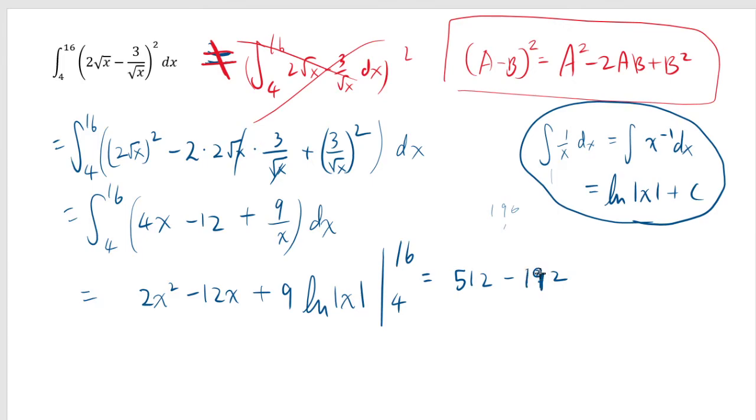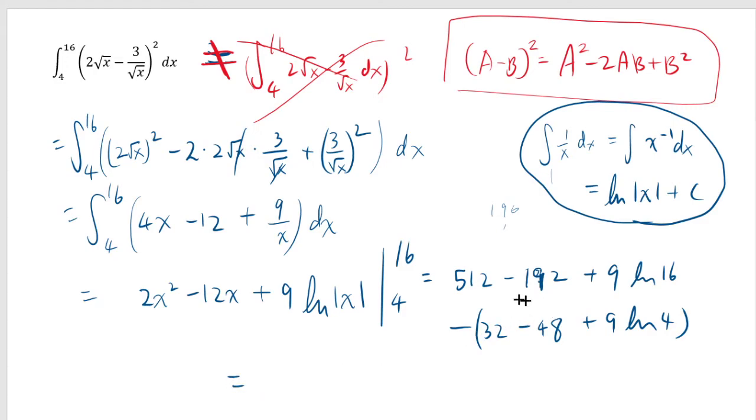So that's going to be 192, and then plus 9 ln of 16, minus, when you plug in 4, 4 squared is 16, 16 times 2 is 32, 4 times 12 is 48, plus 9 times ln of 4.